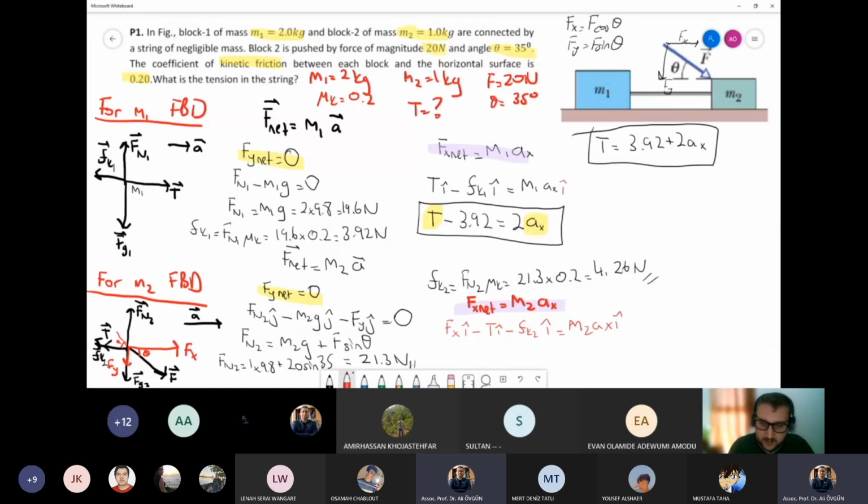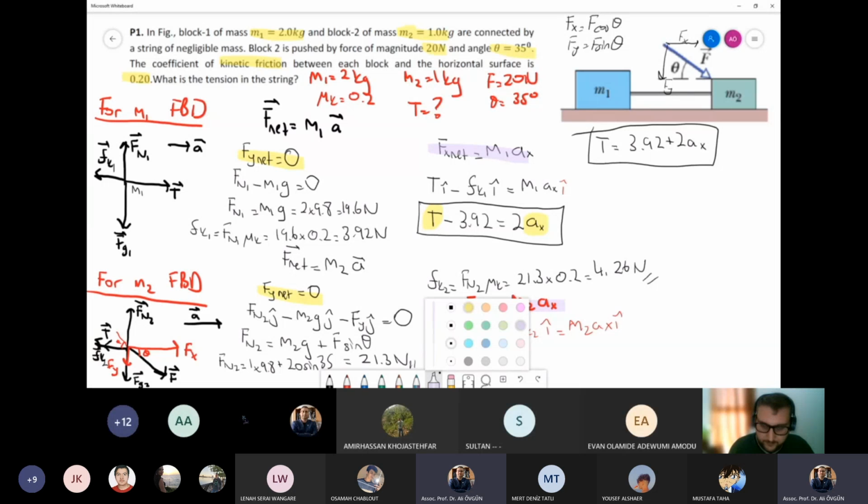Here, what is Fx? Fx is F cosine theta. What is F? 20 times cosine 35 minus, what is T? You don't know T, but you know this equation, so you must plug it in.